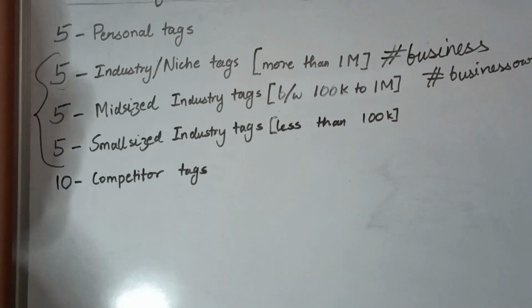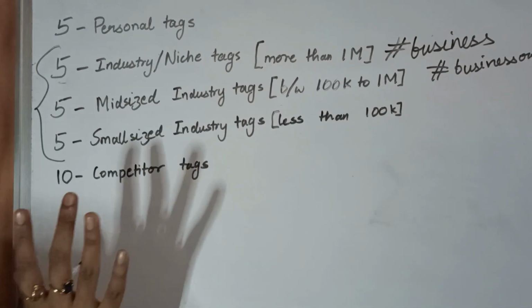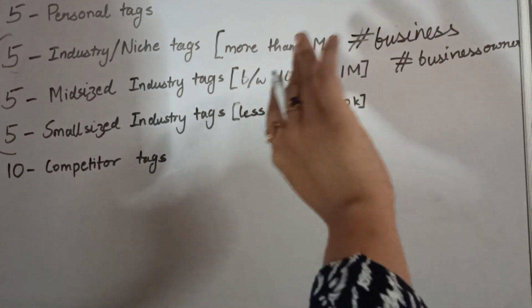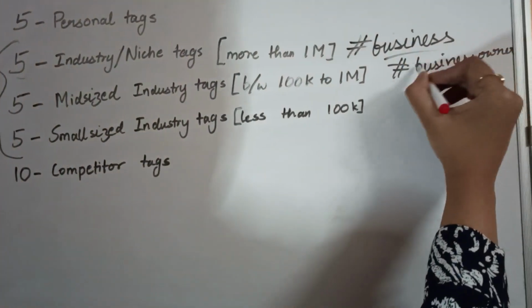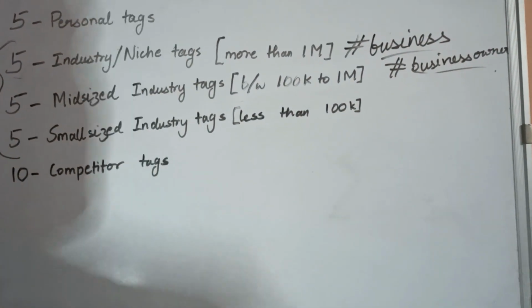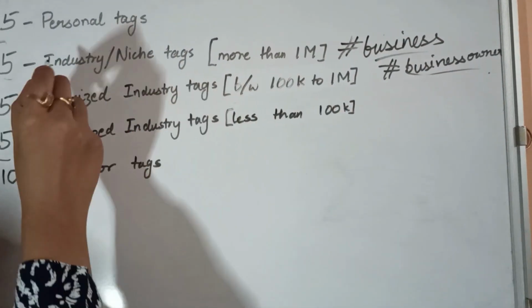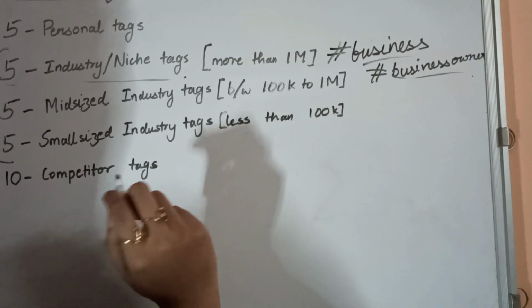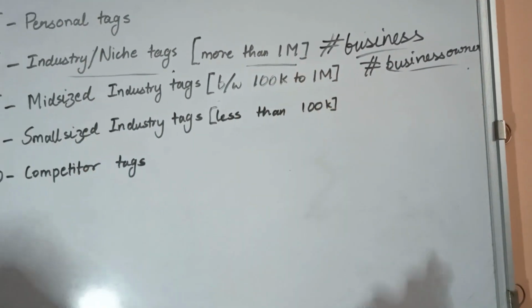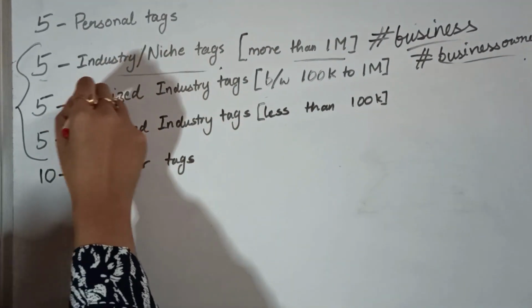For showing that, I'll take you to my phone screen. Before doing that, I'll explain all of these 3, and using these you can do your hashtag research. In industry niche tags, what it basically means is hashtags which have more than 1 million followers or more than 1 million posts. All those come under industry niche tags.